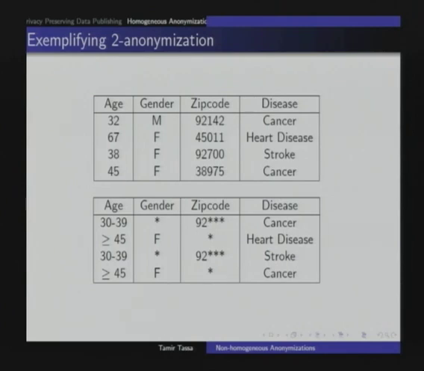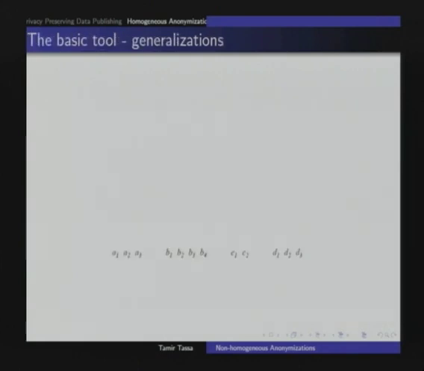So if you are looking for a record of someone who is a male of the age 32 in the zip code 92142, you cannot be certain whether this is the first or the second record, and therefore you cannot, in this example, infer whether that person has cancer or heart disease. So this is an example of two anonymization.